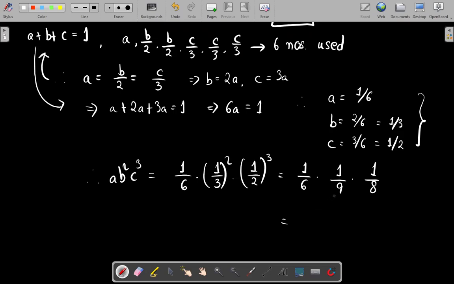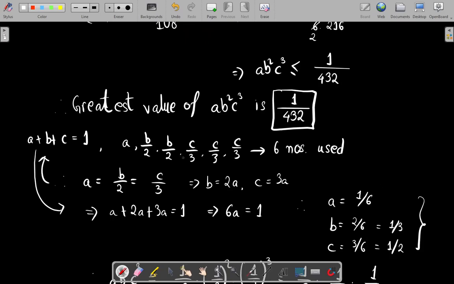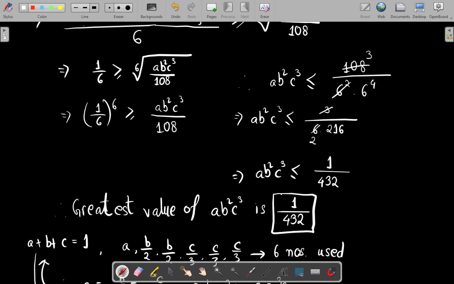So this gives us 1/(6 times 9 times 8), which is 72 times 6, that is 432. So this value, 1/432, is the greatest value that we got using the AM-GM inequality.